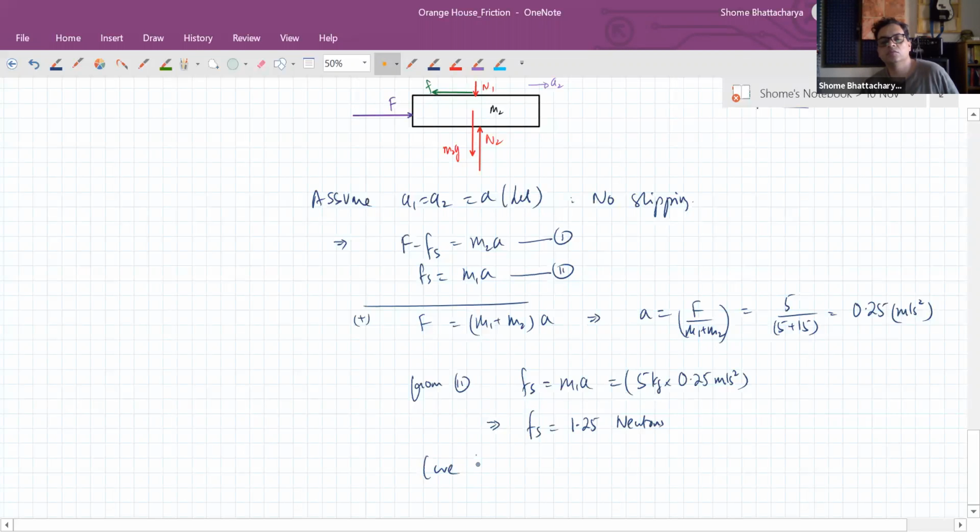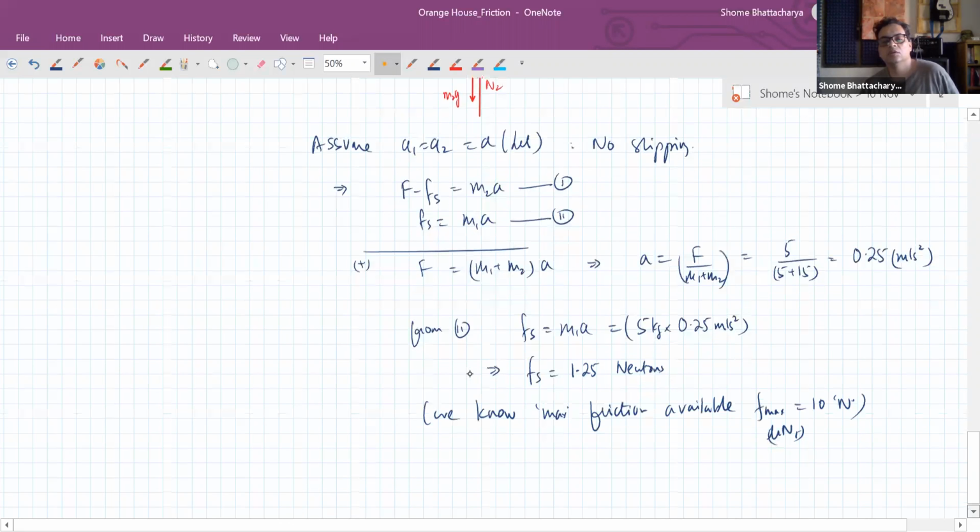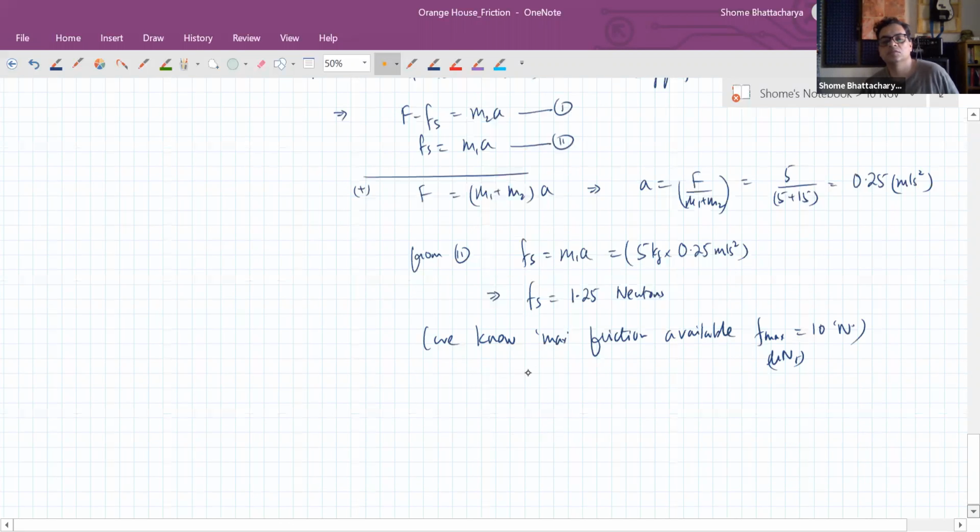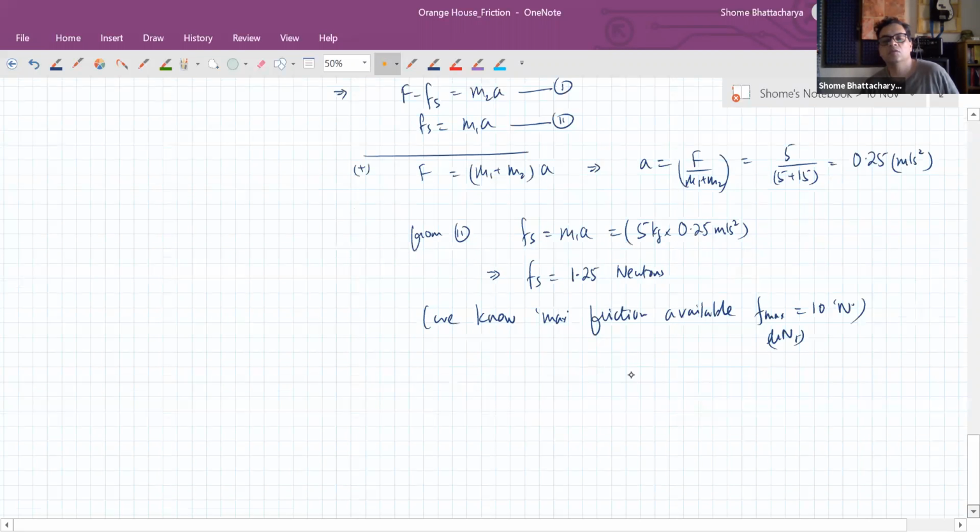Whereas we know maximum friction available is equal to 10 newtons. We have already seen that before. That is mu N1. So therefore, the assumption of no slipping is correct.